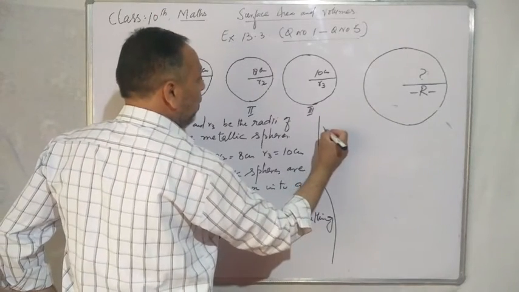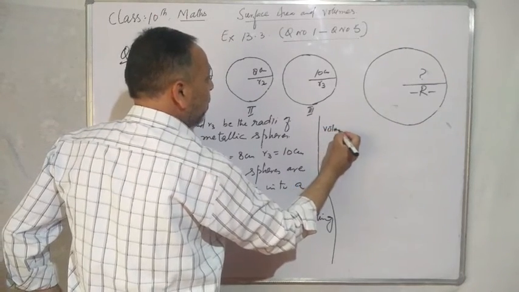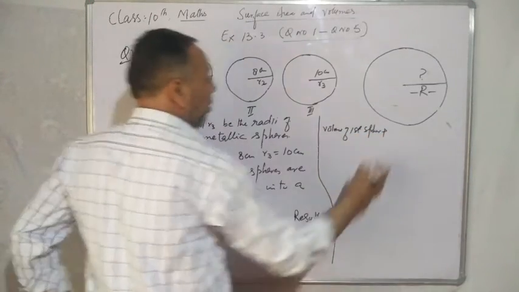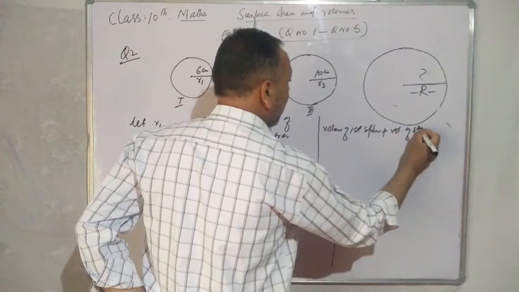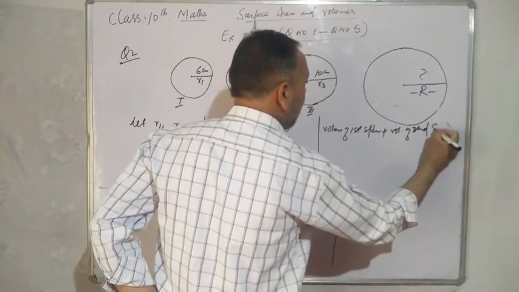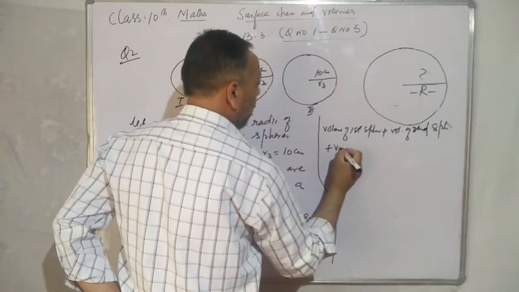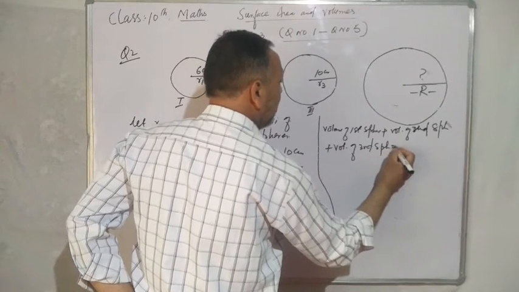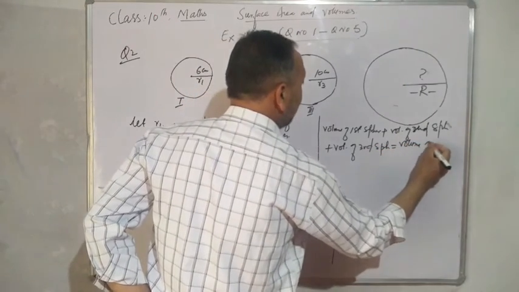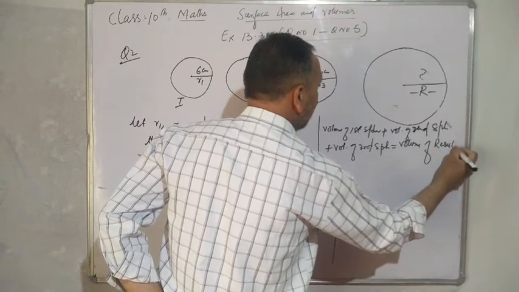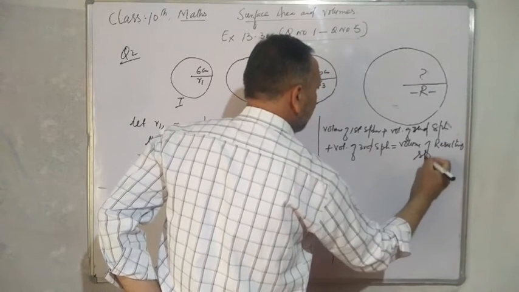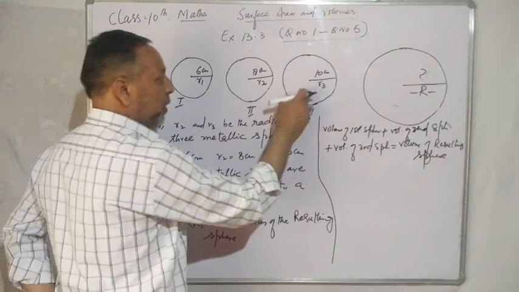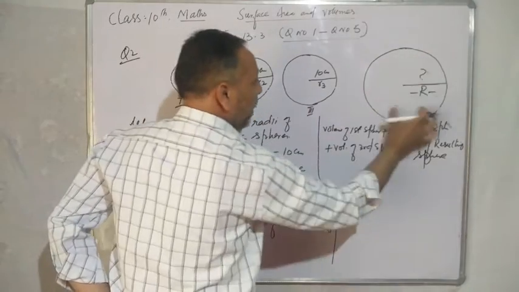It means volume of first sphere plus volume of second sphere plus volume of third sphere is equal to volume of resulting sphere. वॉल्यूम ऑफ दिस फर्स्ट स्फीयर, वॉल्यूम ऑफ सेकंड स्फीयर, वॉल्यूम ऑफ थर्ड स्फीयर, तीनों को ऐड करो वो इस स्फीयर के वॉल्यूम के बराबर होगा.